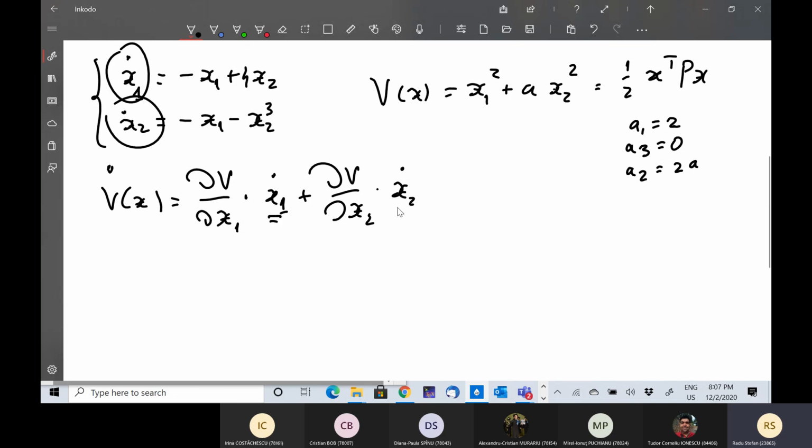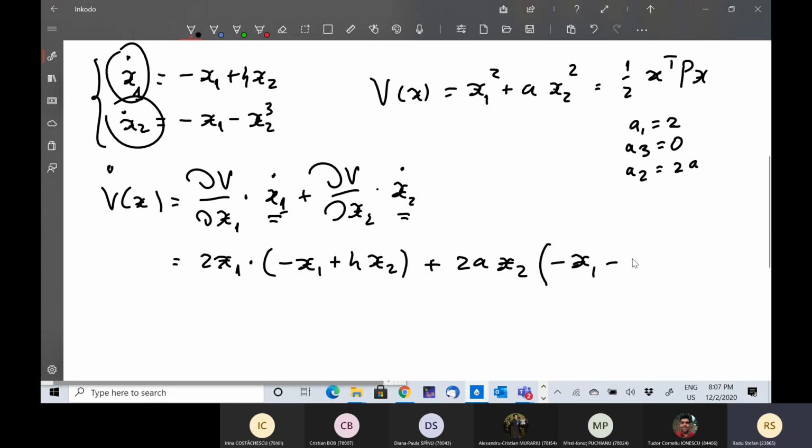And then we replace the expression of the derivative in the entire computation. So what do we have here? It's 2x1 multiplied by minus x1 plus 4x2. And then the other one is 2a x2, the derivative, I think I don't have to explain this anymore, multiplied by minus x1 minus x2 cube.